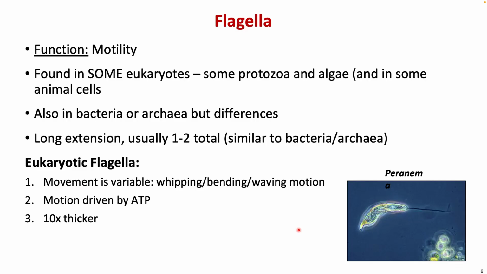That's what you can find on bacteria and archaea, and it's not as many as the cilia that we've seen previously. In eukaryotes, it's involved in movement, basically whipping and bending motions. This is also driven by ATP, and it's about 10 times thicker than what we've discussed so far.